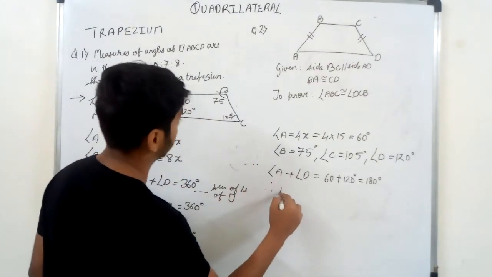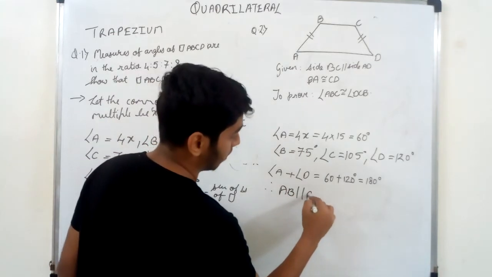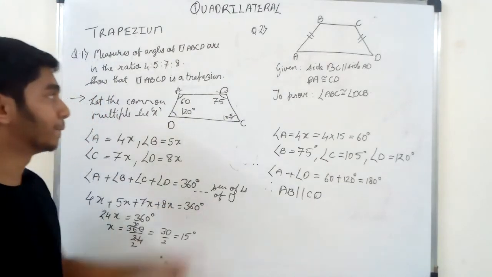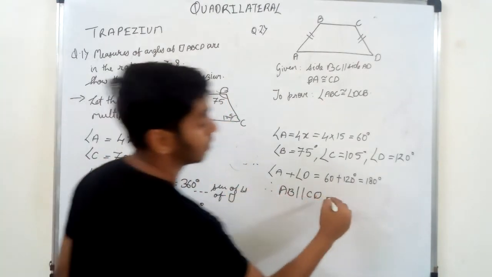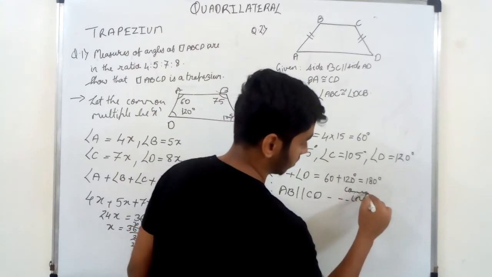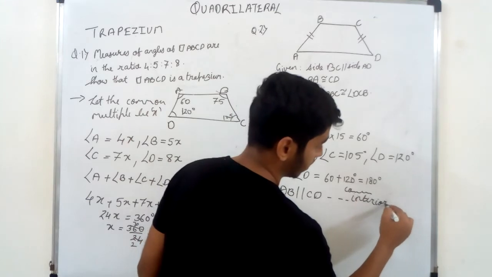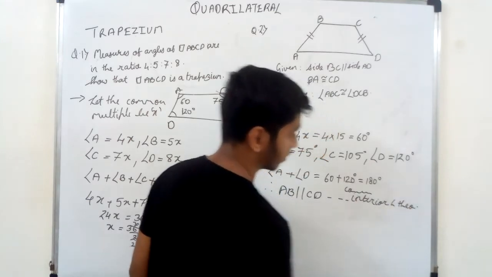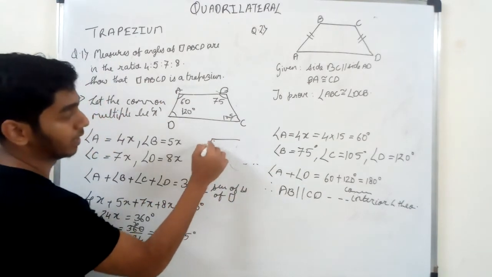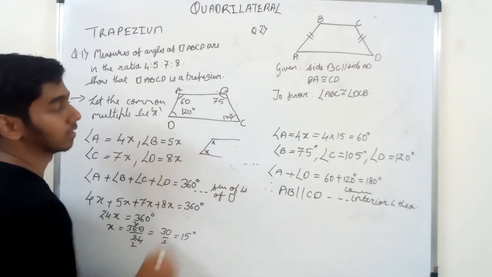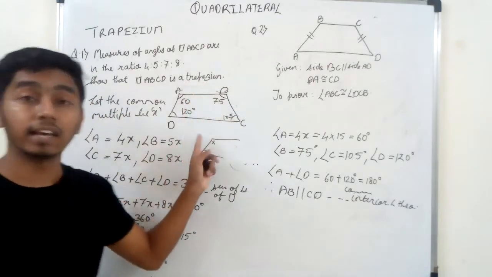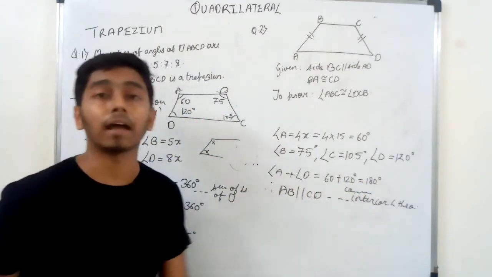Therefore, we can say AB is parallel to CD by the converse interior angle theorem. Okay, so you can write that because it is forming like this. See this angle and this angle, the sum is 180. So we have got one pair of opposite sides as parallel.